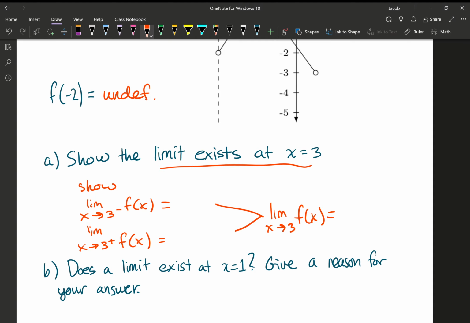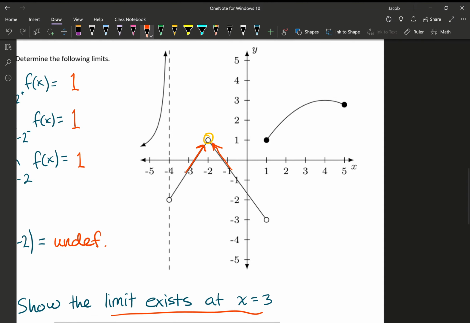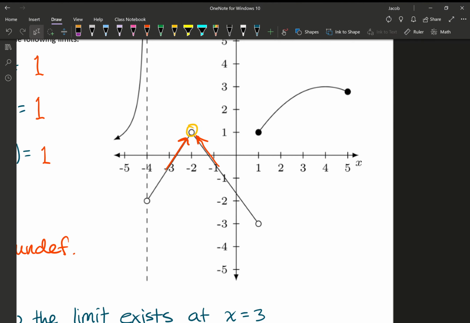So let's go look. What's happening at the left side and right side of 3? Ooh, so this is on a curve. We find the y value, and it definitely looks like we have a left and right side limit that equal each other. So this is on a piece of the function that is not discontinuous.